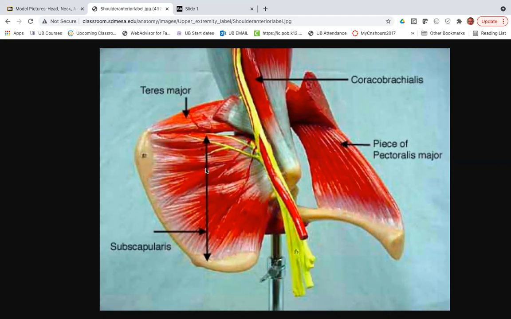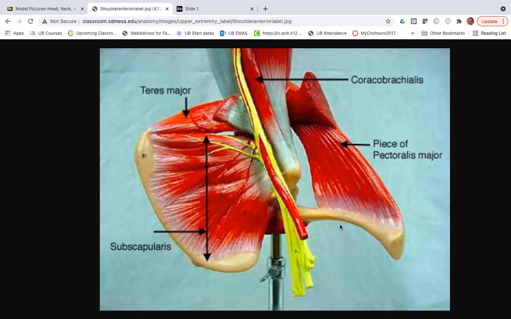That's a lot to write. You write the joint first and then the action. So you would simply put shoulder, internal rotation, instead of writing internal rotation of the shoulder.